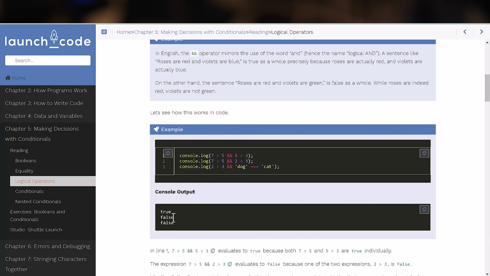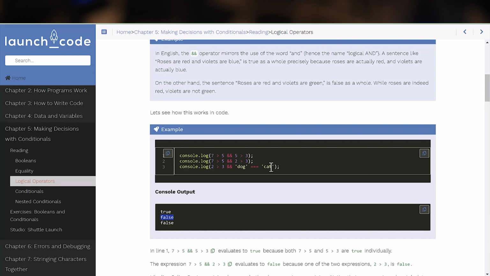But if we change it and say that A is now 7 and B is now 5, well, we know that A is not 5, so that's false. So it makes the whole thing false, and that block of code won't be executed. We'll give you examples later. But here, one example is the console.log.